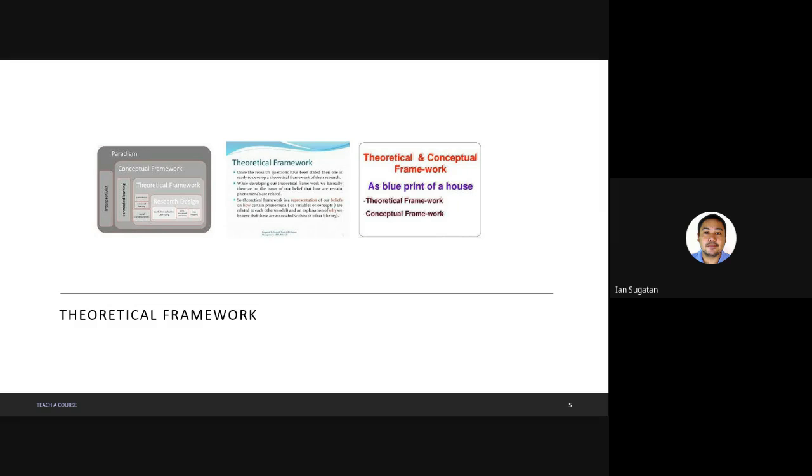In dissertations, they use both frameworks, theoretical and conceptual. The theoretical is more on the theory that succeeds the persons who conducted it.